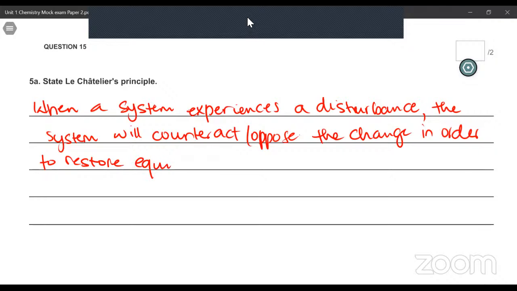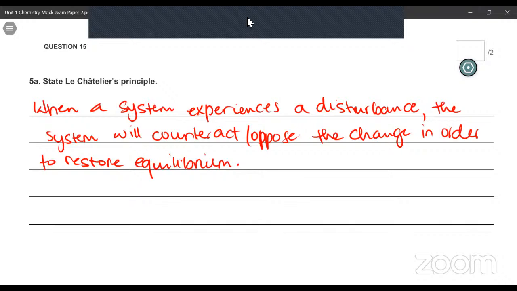Yes, and that's Le Chatelier's principle. So if you increase the temperature, the system will try to decrease the temperature to restore its normal state where it was before, all comfortable.